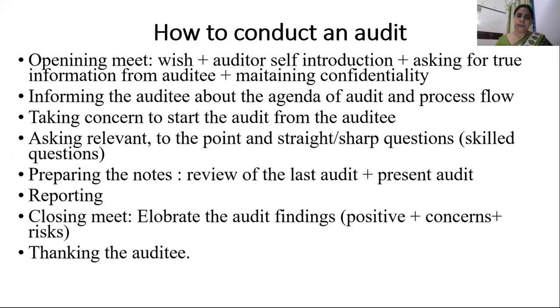In this meeting, the auditor elaborates the audit findings which have been reported. Start your elaboration with positive points, then move towards your concerns and also tell about the threats or the risks about that.